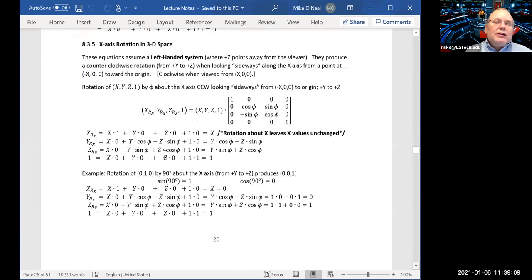And again, I give the equations, and for x and for y, I also work through an example of a 90-degree counterclockwise rotation, and I do that so that you can see you end up with a point that is, so here's our point 0, 0, 1, right?